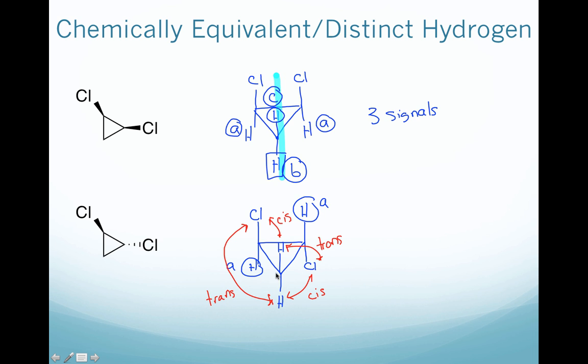So these two hydrogens are also chemically equivalent. So this would be B, and this one is B. But they are distinct from the two hydrogens on the carbons directly attached to a chlorine. So this would give 2 signals.